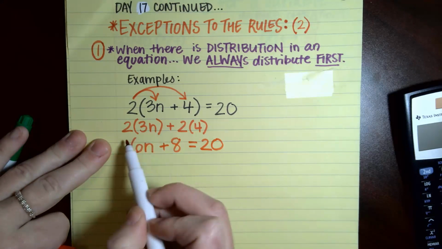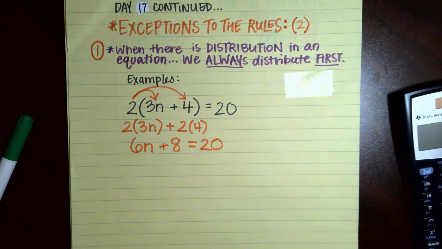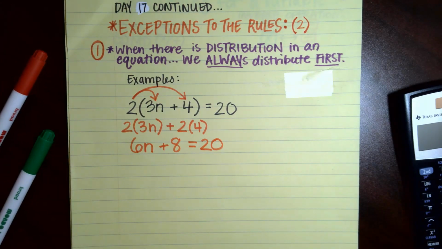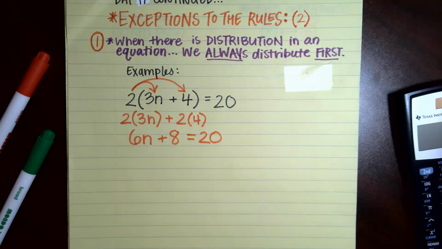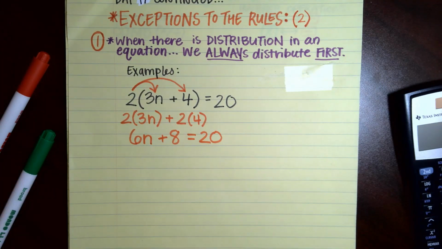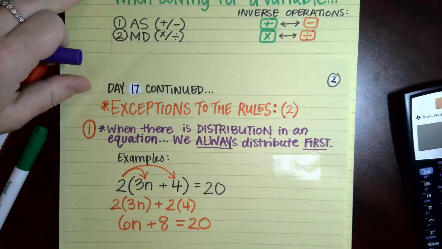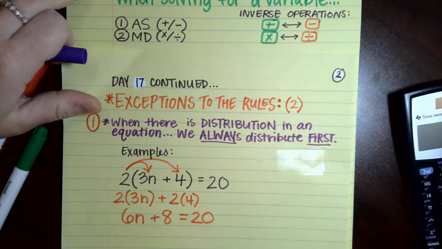Now we have a whole new equation that looks a little easier to work with. So once we've done that distribution, we can solve like normal. What do we do here now that we don't have any parentheses? Yes, now we can go back to those normal rules of addition and subtraction, then multiplication and division.